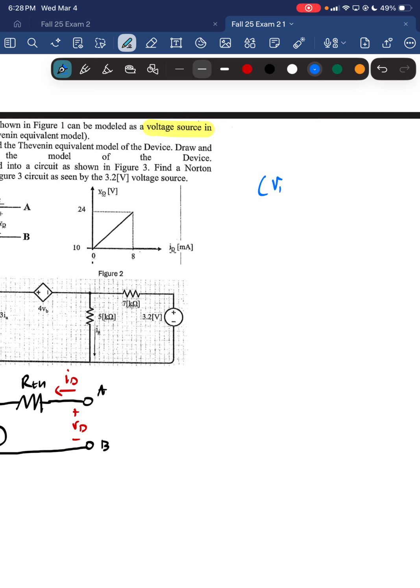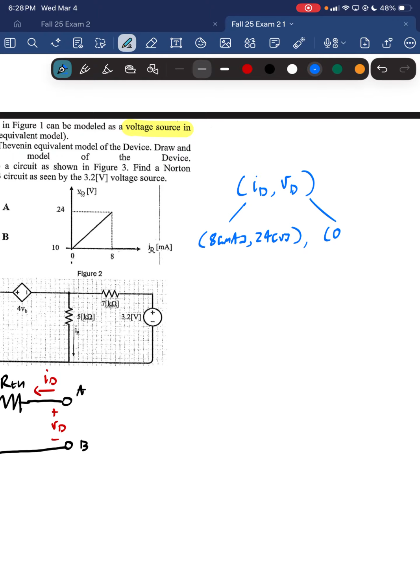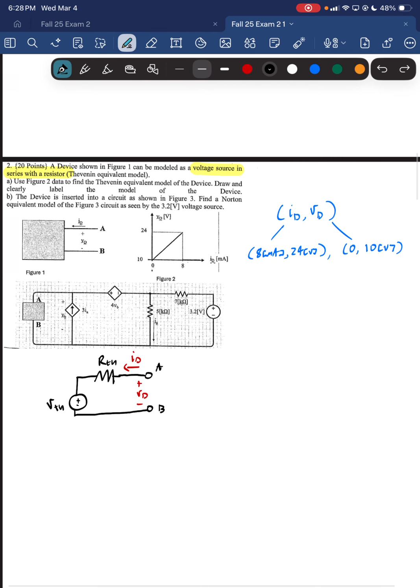Our first is 8 milliamps. Our second point is 0 milliamps at 10 volts. Be careful, that is not 0 volts, 10 volts. So those are our 2 points. And we're just gonna keep those to the side for now. They're gonna come in handy later.